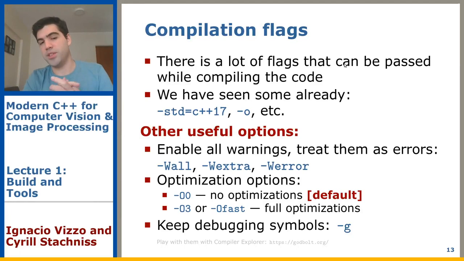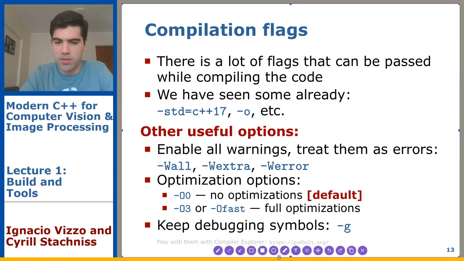Also, something that is super important is compilation flags. So probably I will do a tutorial on this because I really want you to know how to optimize your code. But basically, whenever you compile programs, you can specify different flags for the compilation process.